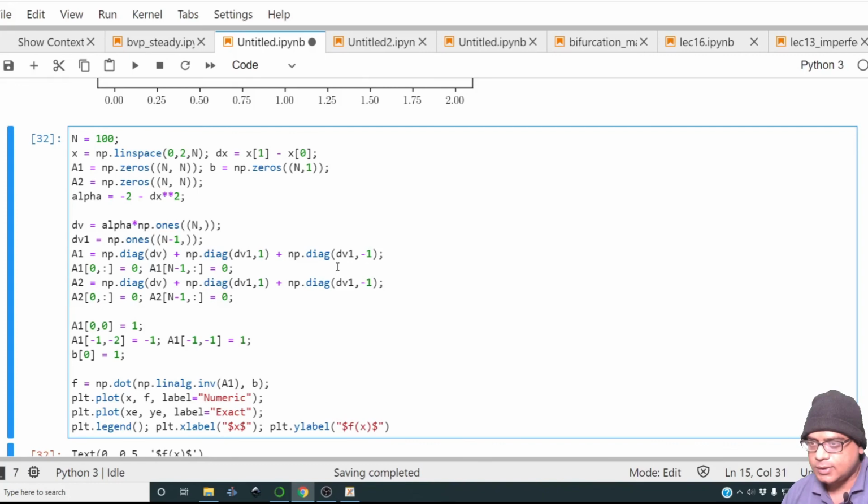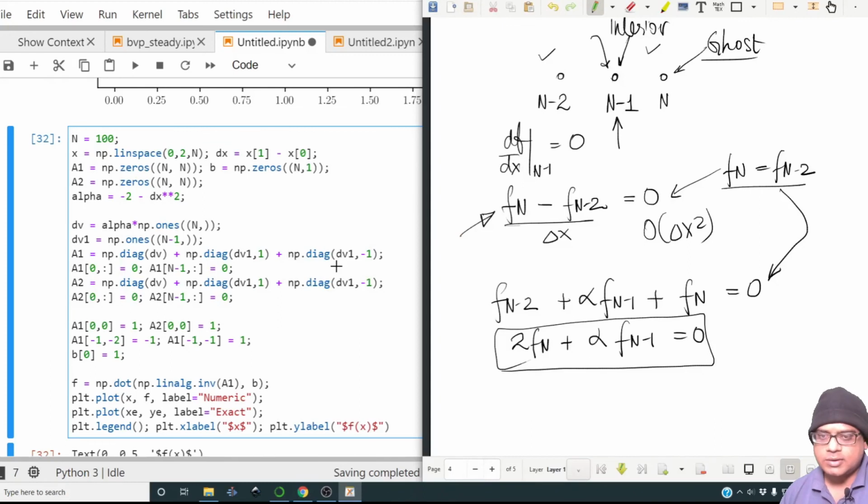But anyway, so now what changes is over here. So this doesn't change. This is still gonna be 1. But over here now, what do we have? So this is alpha and this is 2. Okay, this is gonna be alpha. Sorry, this has to be written in terms of fn minus 2.